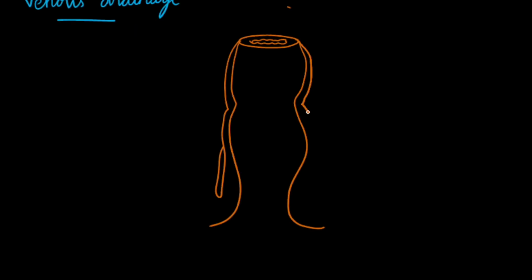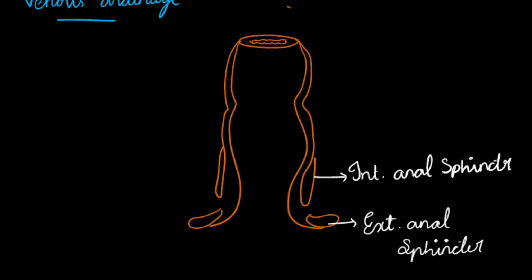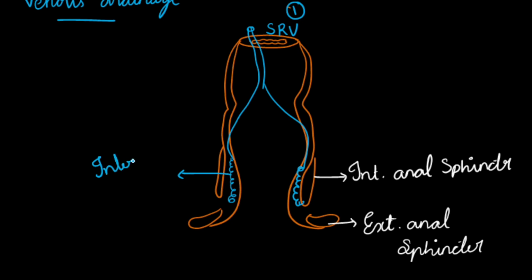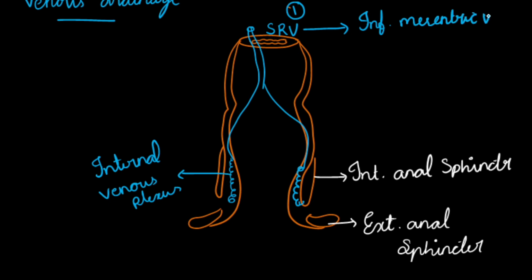So now regarding the venous drainage. Here comes the major venous drainage, that is the superior rectal vein. It arises from the internal venous plexus present over here, and it gets joined to form the superior rectal vein. This superior rectal vein drains into the inferior mesenteric vein, and this inferior mesenteric vein drains into the splenic vein.